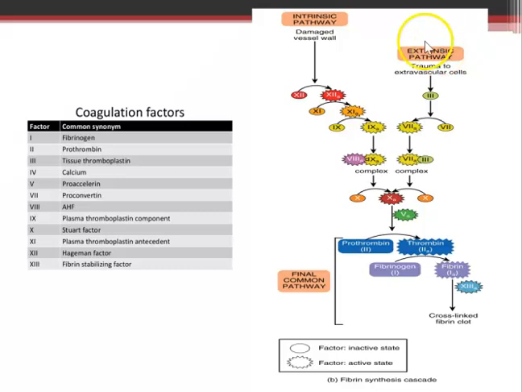But just so you can interpret this flow chart, the solid circle is in the inactive state. The star shape indicates an active state. These little small A's beside a coagulation factor mean it is in an active state. But we will go over each pathway in more detail on the coming slides.